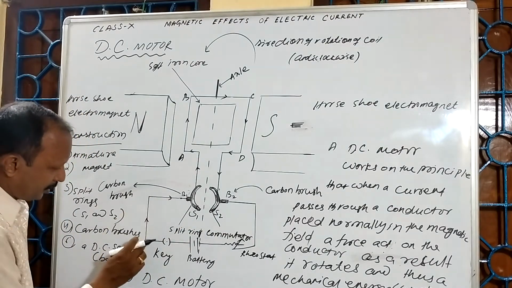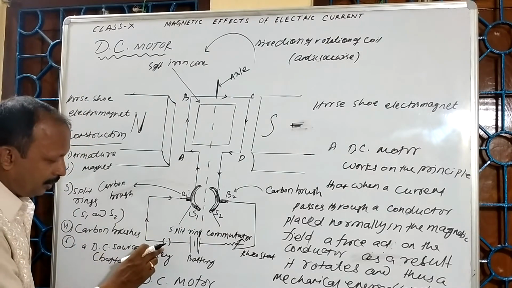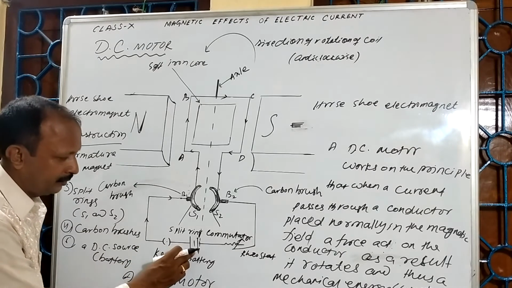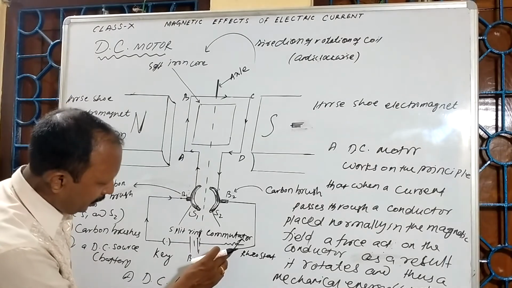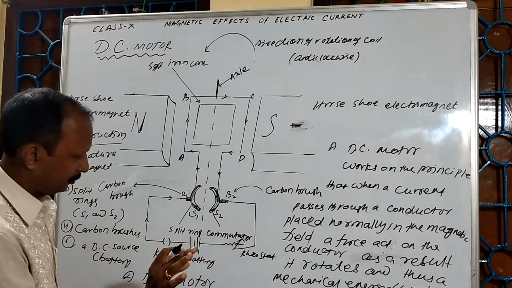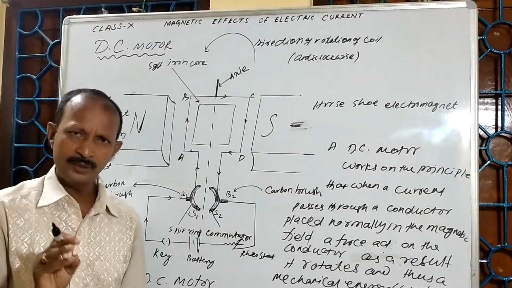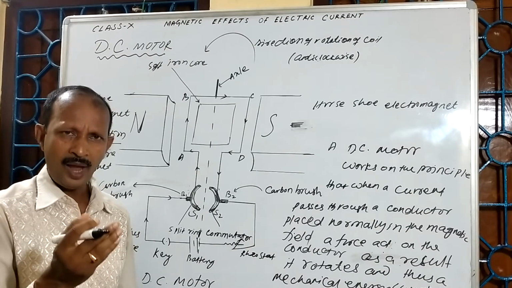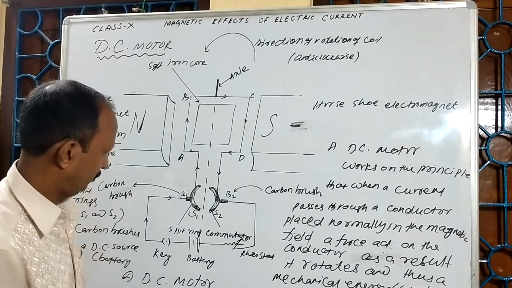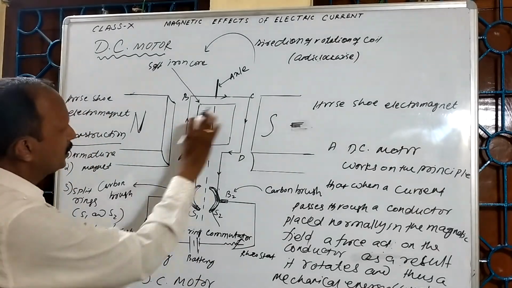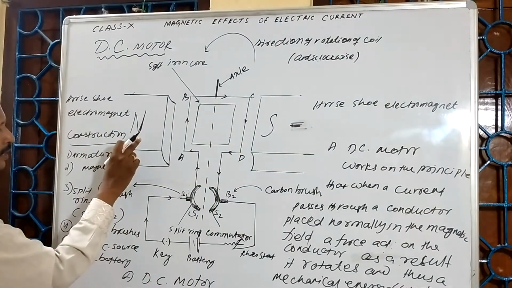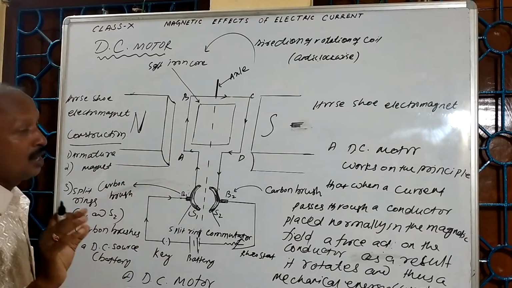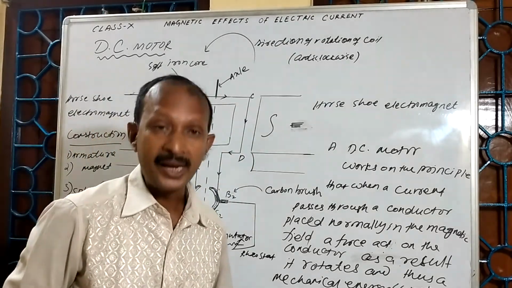So here is the circuit: key, source of energy, DC source, battery. Here is one rheostat. By adjusting the rheostat, we can allow a varying amount of current. Okay, so this is about the construction. This N and S are the north and south poles of the horseshoe magnet.